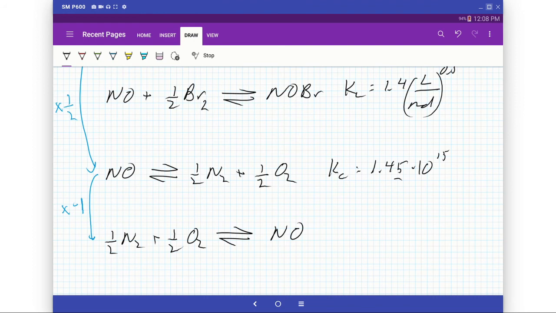Multiplying through by -1 means that I'm going to raise this to the -1, or take the inverse of it. And Kc for this reaction is now 6.90 times 10 to the -16.